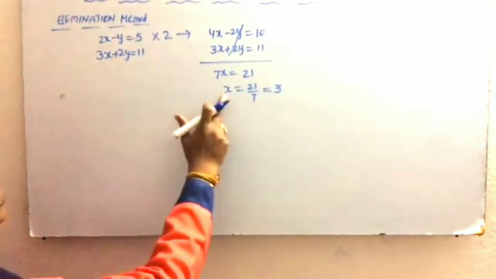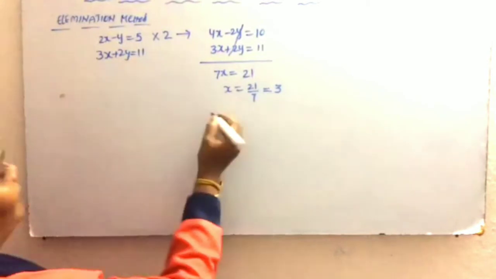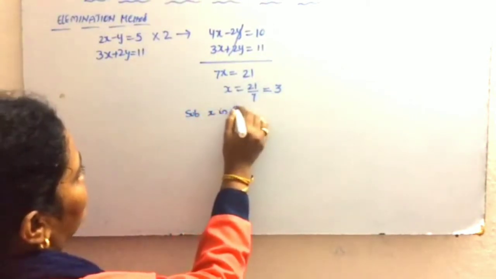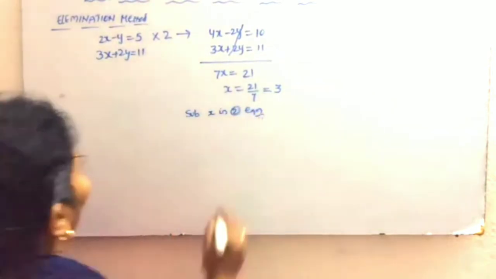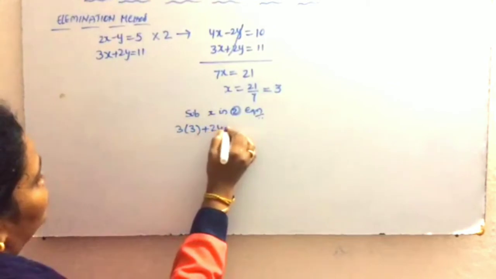After that, we will substitute the value of x in any of these equations. Now I will substitute the value of x in the second equation. Then we will get 3 into 3 plus 2y equal to 11.